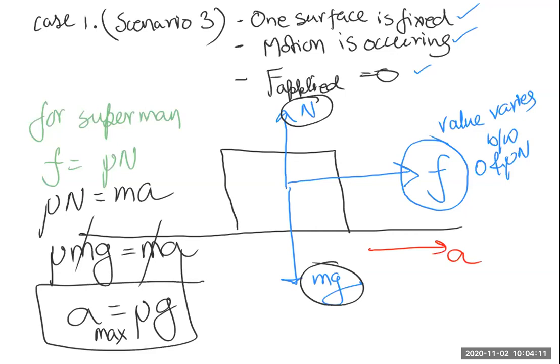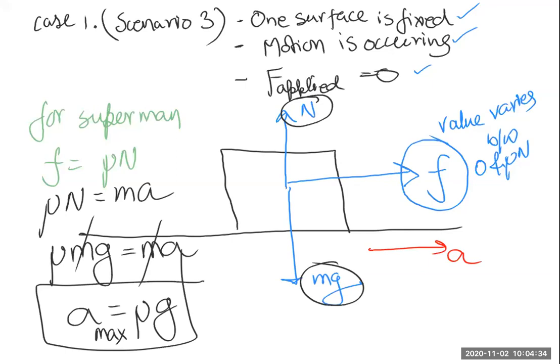So it turns out that the maximum acceleration that you can have on the ground is equal to mu g. More mu you have, more scope of acceleration you have. That is why they tread the tires of the car.